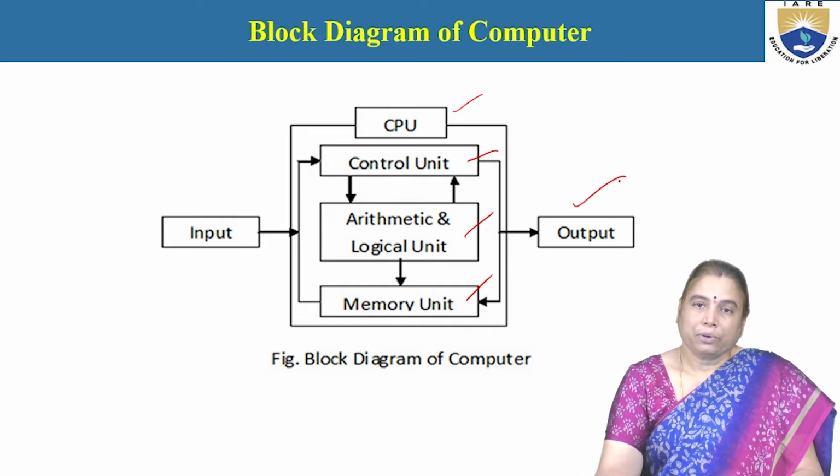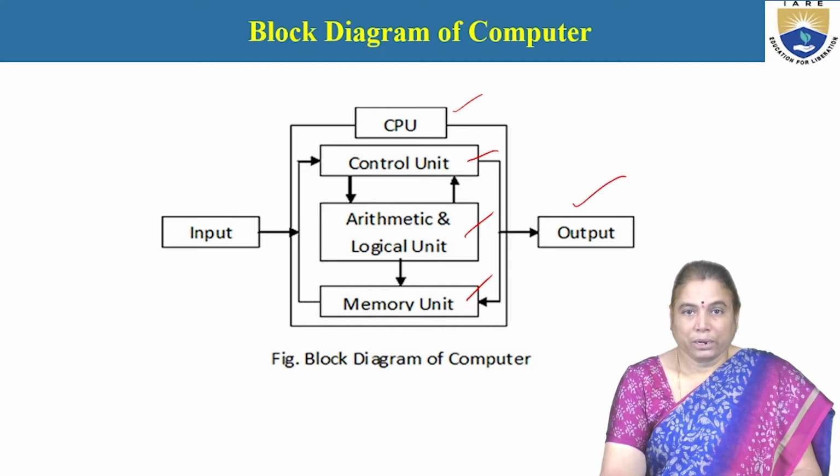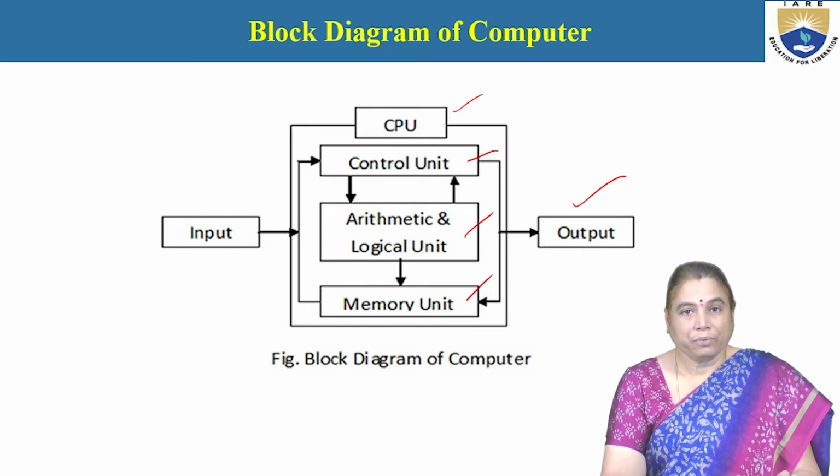Next, the third activity that is supported by the computer is the output. The output unit receives whatever information is generated with the help of the processing capacity of the computer. That result can be displayed or presented to the user in a desired format with the help of the output unit.